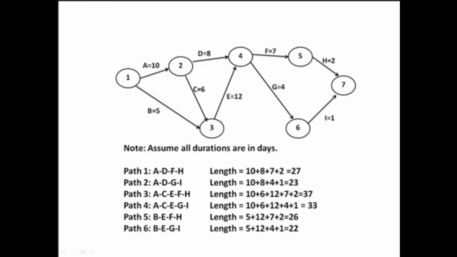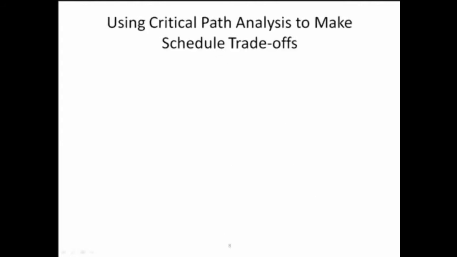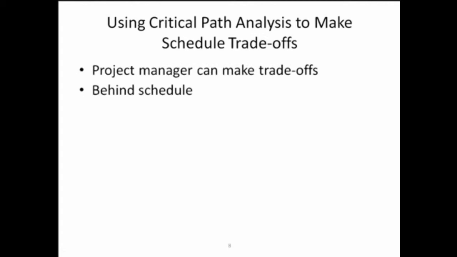This is where the power of this particular tool comes into play. It is important to know what the critical path throughout the life of the project is so that the project manager can make trade-offs. If one or more of the tasks is behind schedule, the schedule could be renegotiated with the stakeholders, or more resources could be allocated to other items on the critical path to make up for that time.